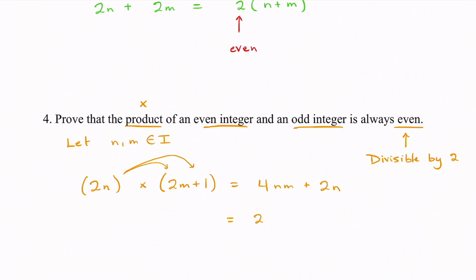So I'll factor out a 2. That's going to give me 2nm, and then with the second one, if I factor out a 2, we just have an n. And now because it has this 2 here in front, remember, that means it's going to be divisible by 2, and therefore, it is even.